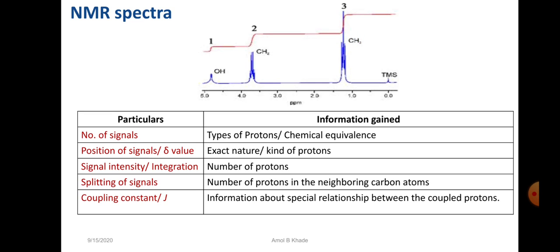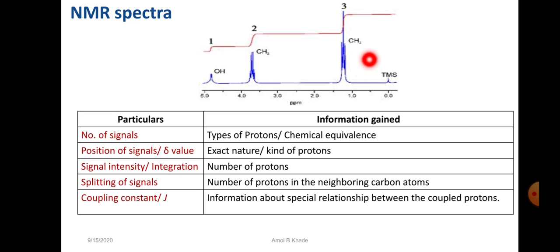Additionally, we can get a lot of information from the splitting pattern. So what is the splitting pattern? It follows the n+1 rule, which we will discuss in detail in spin-spin splitting. The splitting pattern gives the number of protons on the neighboring carbon atoms, that is, who the neighbors are for a particular set of protons.